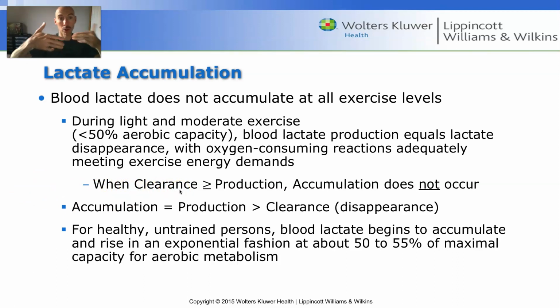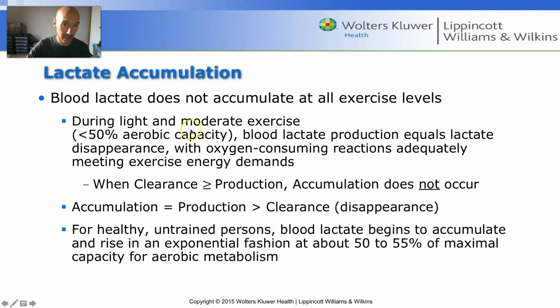So even though you might be producing lactate, your body is clearing lactate out either just as fast or even faster than it's produced, okay? So when clearance is greater than or equal to production, there is no accumulation, right? Lactate only becomes a problem when it accumulates. That's when we experience fatigue, pain, etc., okay?